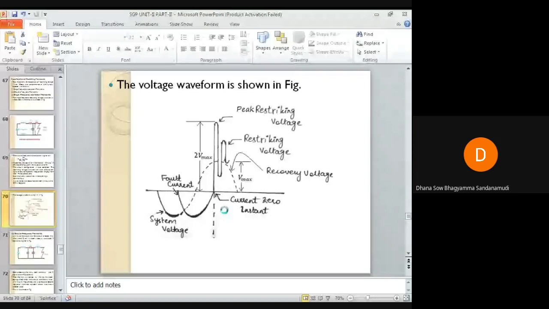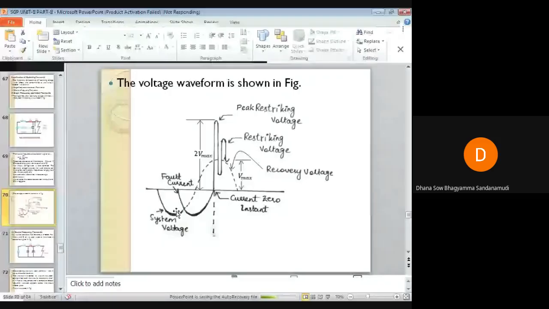Former case means the circuit breaker employed in a network operating at higher natural frequency. In such circuits, the average rate of rise of restriking voltage is very much greater when compared to a network of low natural frequencies.